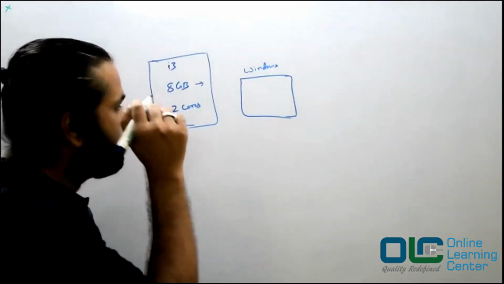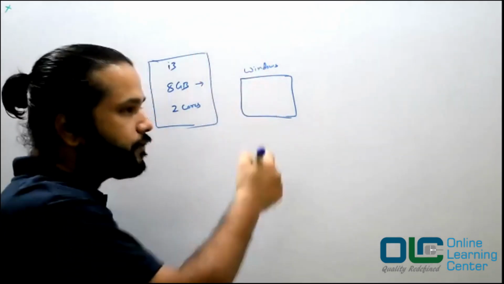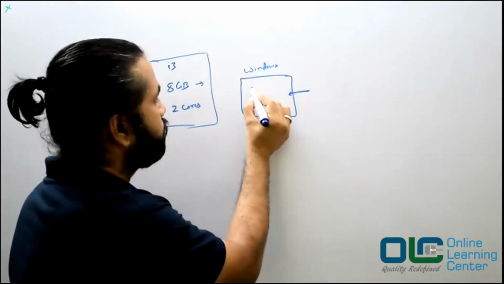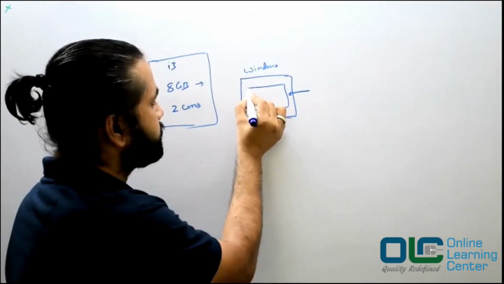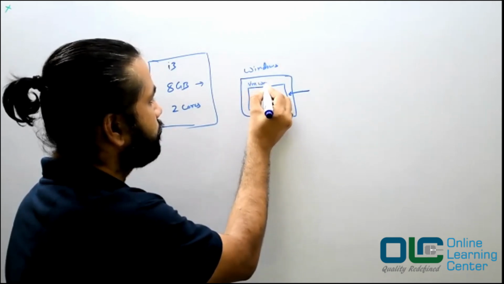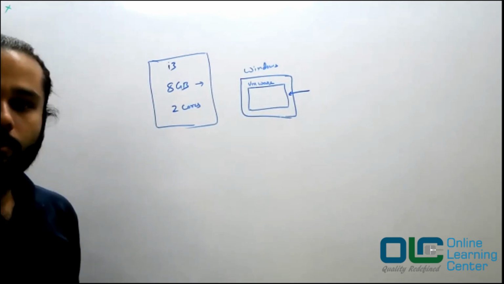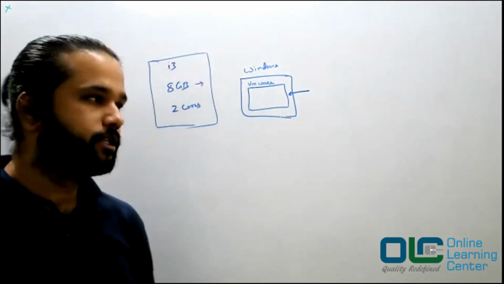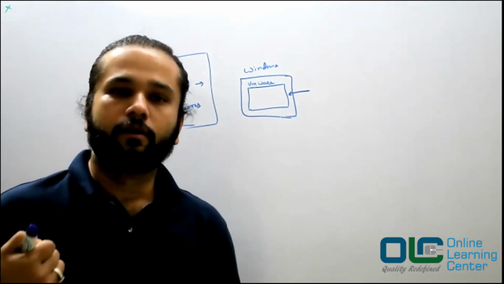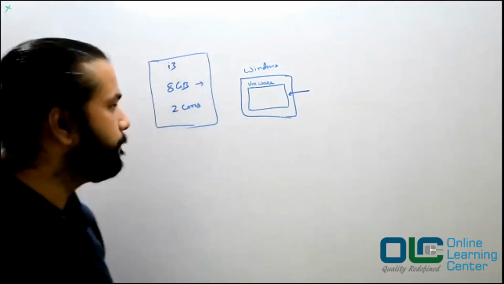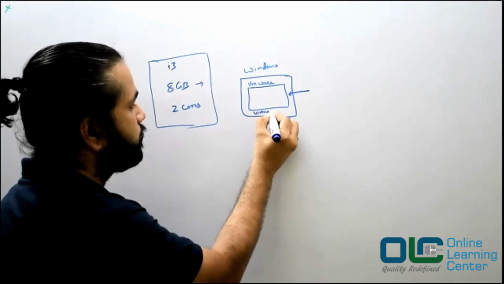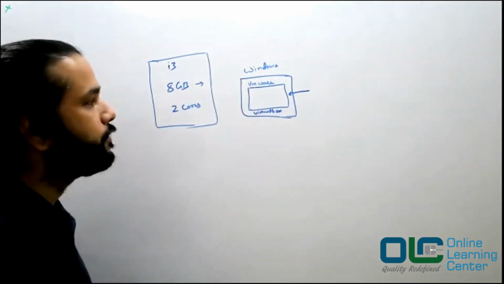Okay, so what we will do in this Windows, we will install a software called VMware Workstation, which will help us to install Ubuntu operating system. Okay, so you can use VMware, you can use VirtualBox, and so on. I will go with VMware.